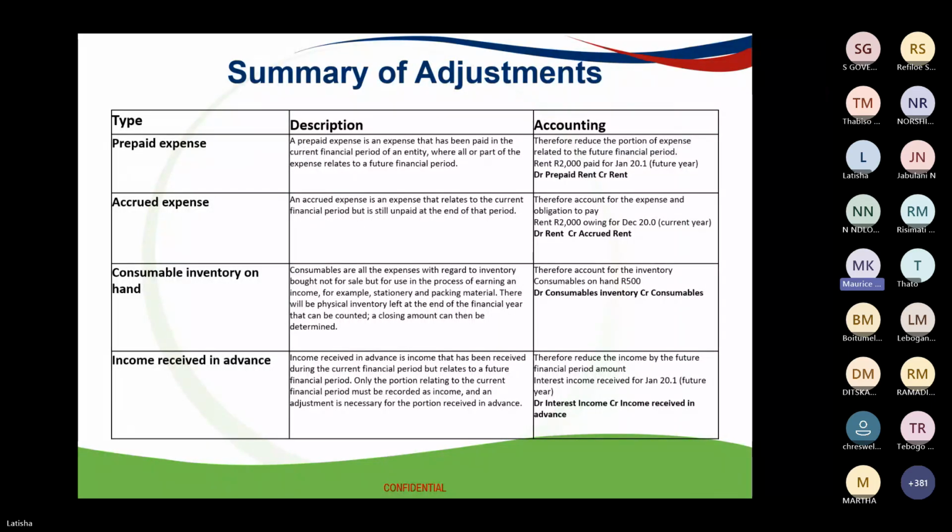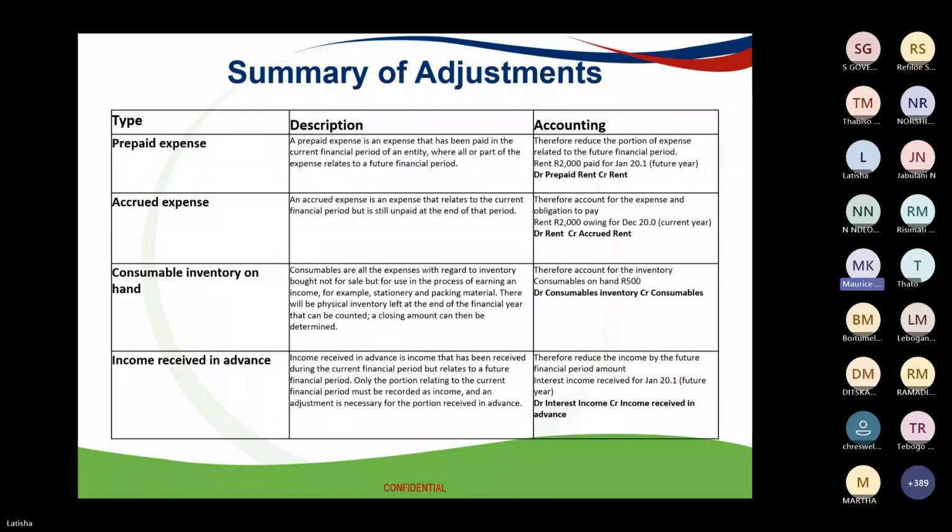And that accrual basis of accounting stipulates that income and expenses are recognized only when they occur and not when the money is paid or received.